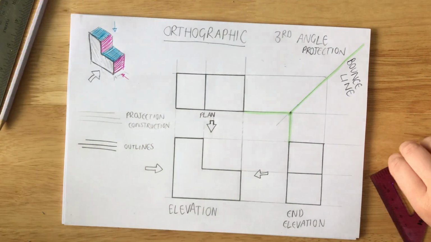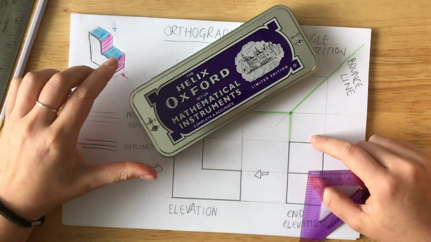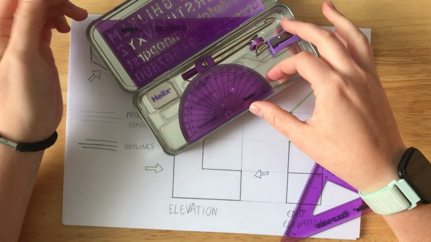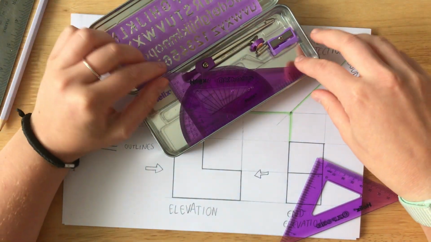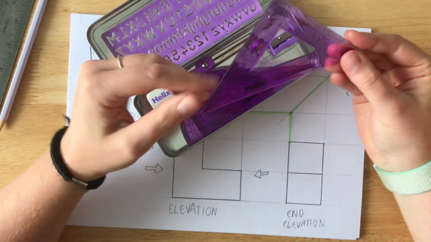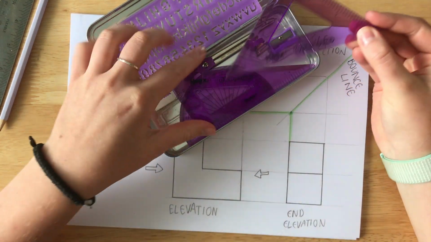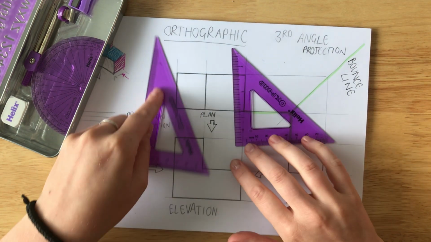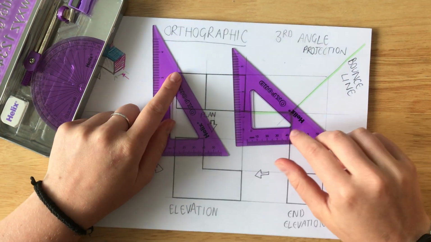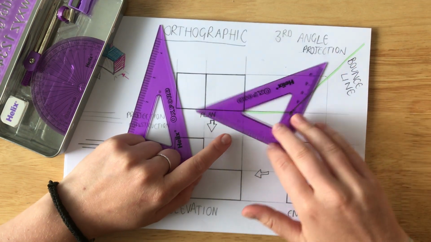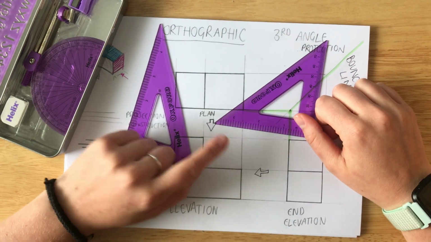So if you do have a little set like this, or if you have got a full-sized set square, then that would be absolutely ideal for using this, but make sure you use a 45 degree one, so the one that's got either side the same length. If you do it with a 60-30, you'll end up with a wonky drawing because your bounce line won't be at 45 degrees. It has to be that 45 for it to work.